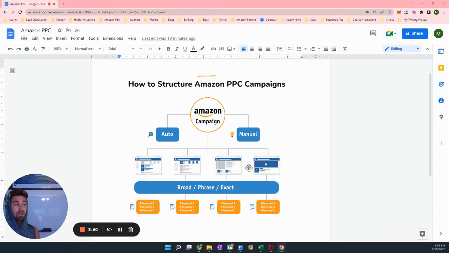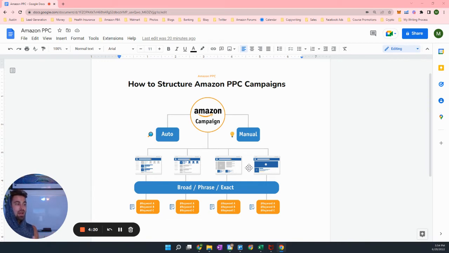So screwdriver, the Amazon algorithm isn't stupid, right? They know exactly what category it's in, what are relevant products, and what's similar. So say if someone searched screws, you may show up, or hammer, wrench, that potentially could be included in the broad match phrase or broad match keyword campaign.